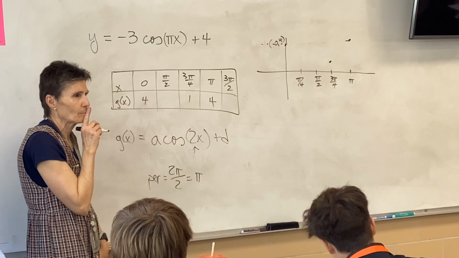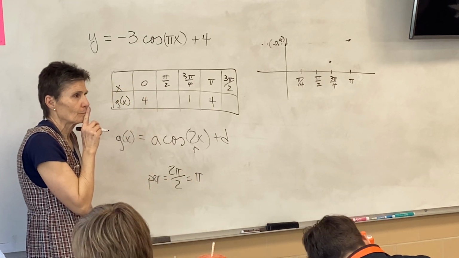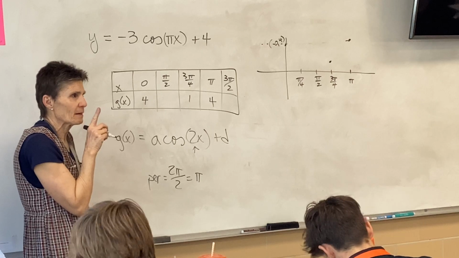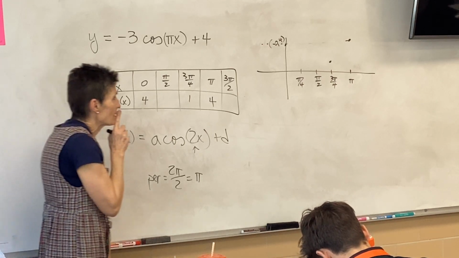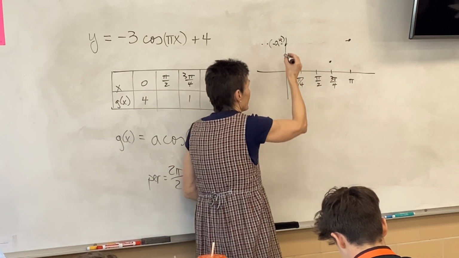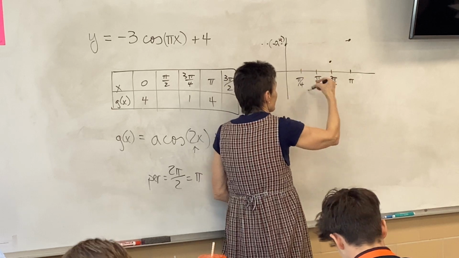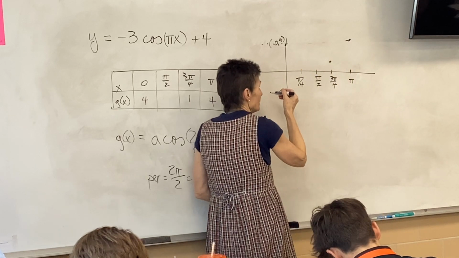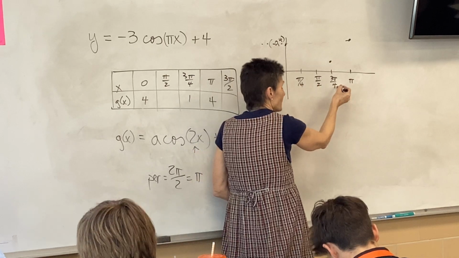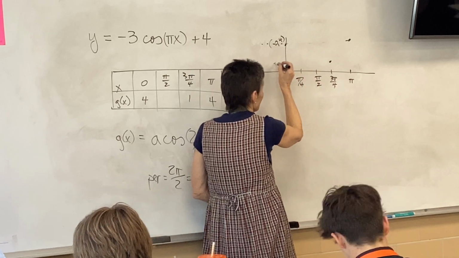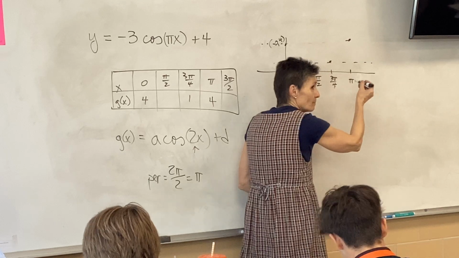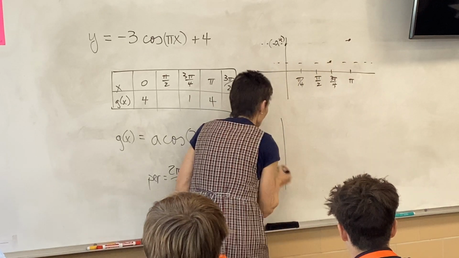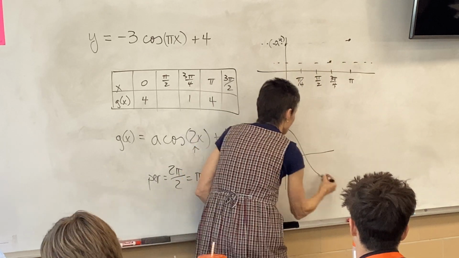Now think about that for a minute. Think about what a cosine looks like. Wouldn't a cosine do something like this? Okay, and these 2 points, wouldn't they have to be on the midline? Think about now, let me just draw a regular cosine.